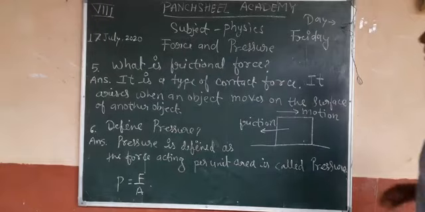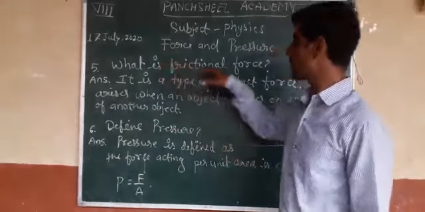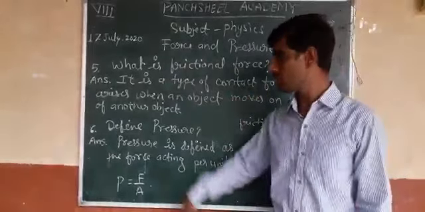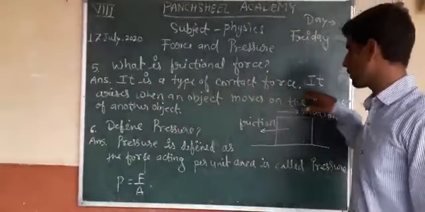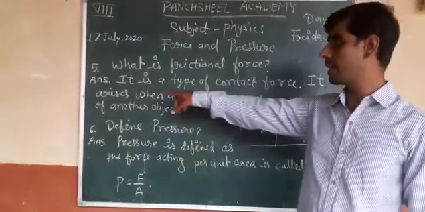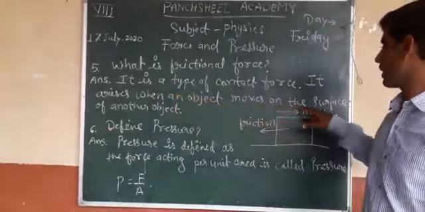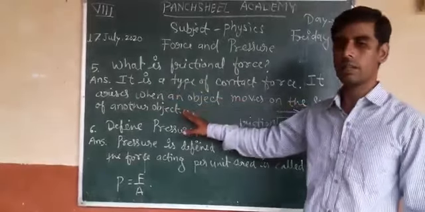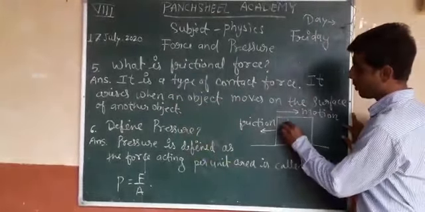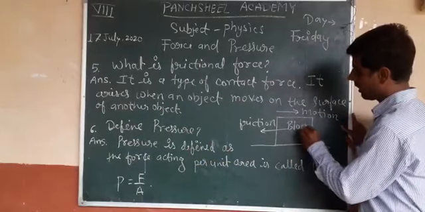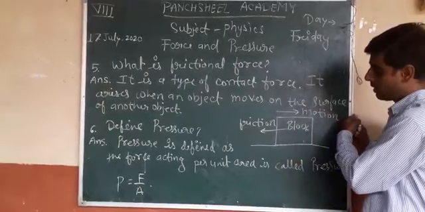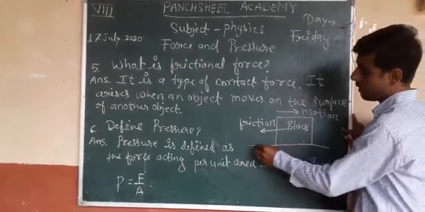So one more question: what is frictional force or friction force? It is a type of contact force, all of you know very well. It arises when an object moves on the surface of another object. Suppose this is a block or object, and this block moves in this direction, in the right direction, and this block slides on this surface.